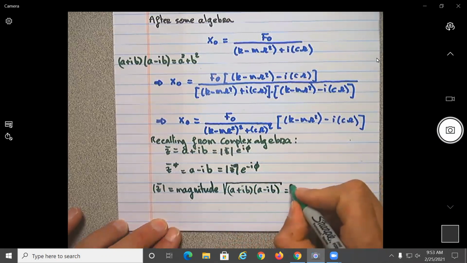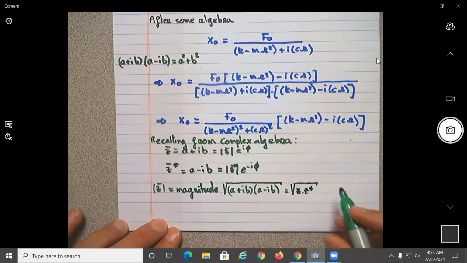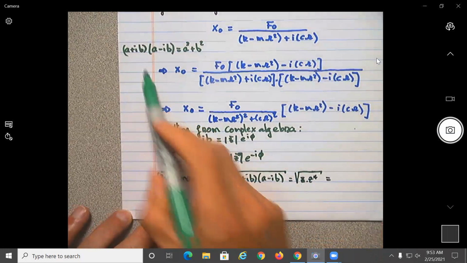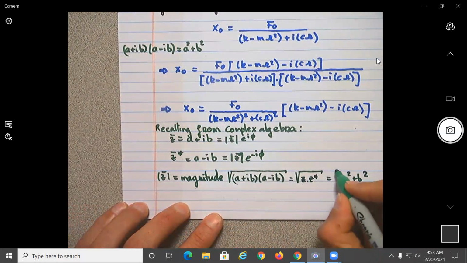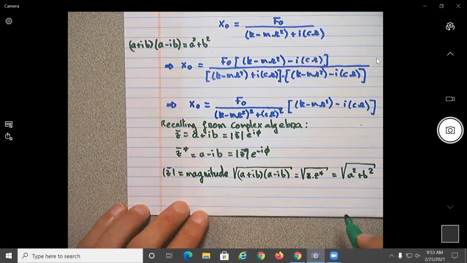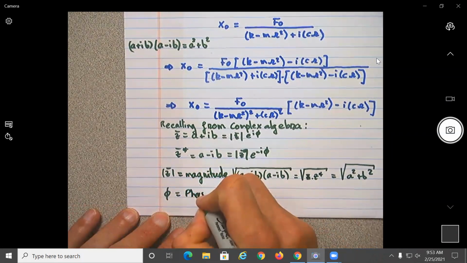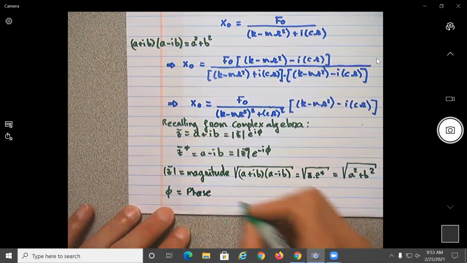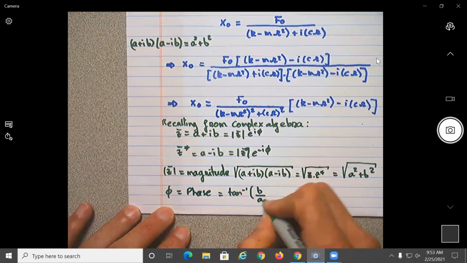This is the same as doing z dot z star, basically. All right. And using this relation here, we know that this would just be equal to a squared plus b squared, as I said before. So this is the amplitude, and phi will be the phase, which is equal to the inverse tangent of b over a.